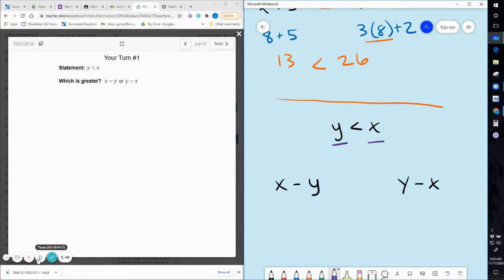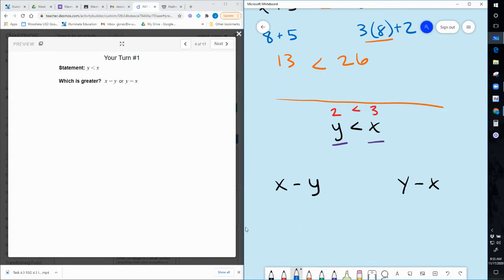That's going to be the challenge. You can choose any numbers you want. My recommendation is that you choose small numbers. Think of two numbers where one is bigger than the other. What if I chose 2 and 3? Is 2 less than 3? Yes. So we'll call y 2 and x 3 and see which one is bigger.